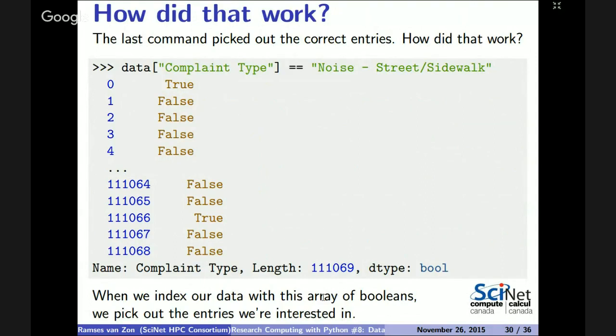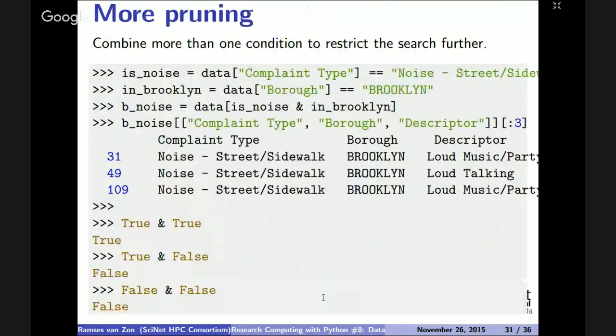What it gives back is another series of true or false statements that says whether or not this is valid. So this in itself is an array of Boolean values. And that array of Boolean values I can give as an index to the data. So data, and then I give that Boolean array between square brackets.